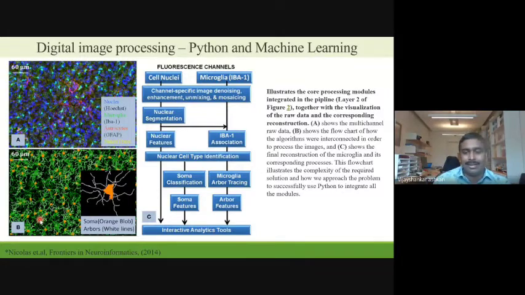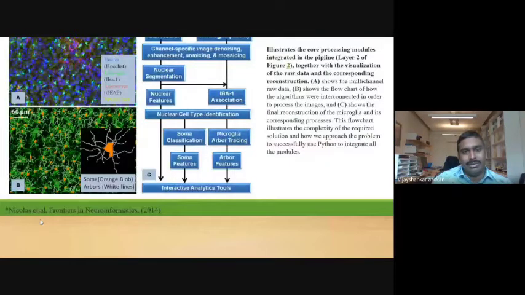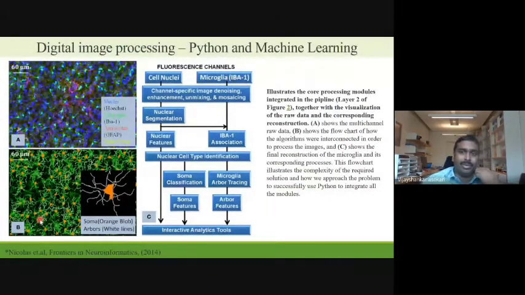So these new tools from Python and machine learning are used to bring development from your own field to the other field. That's why I'm saying the world is interdisciplinary and advanced. So this is what we combine from imaging, imaging from microscopy, and machine learning.